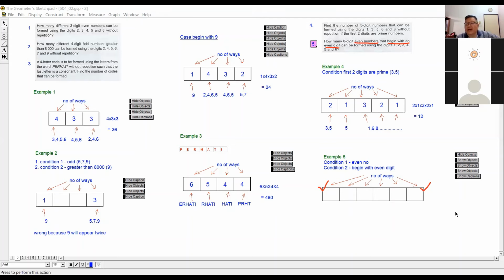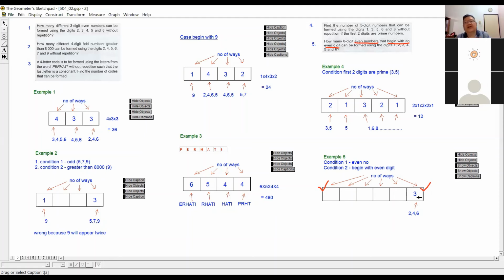Now I try to fill up the last place. How many ways? 3 ways, because there are 3 even numbers, 2, 4, and 6. Any of these can go into the last place.